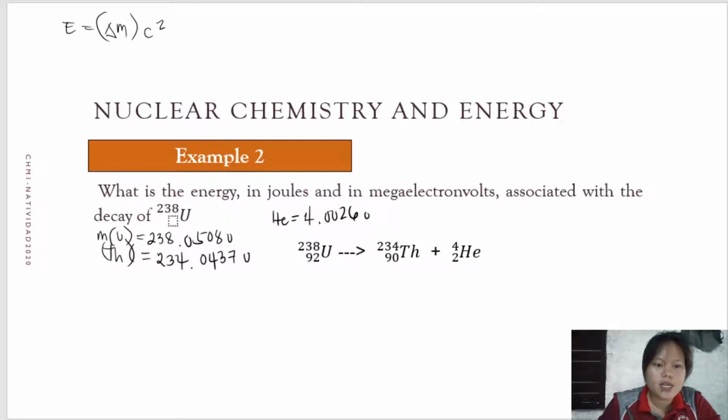So we can now get the mass of the reactant and the mass of the product.